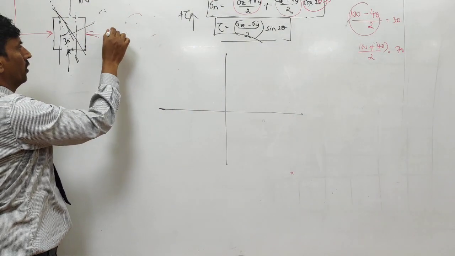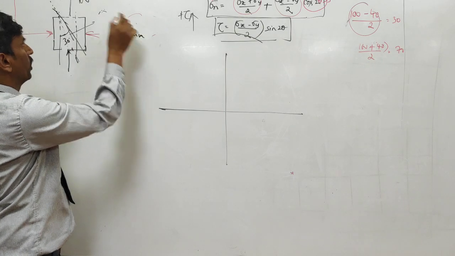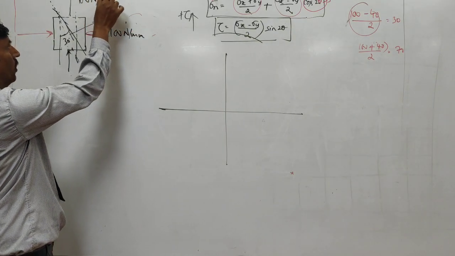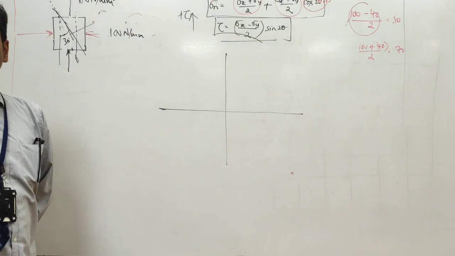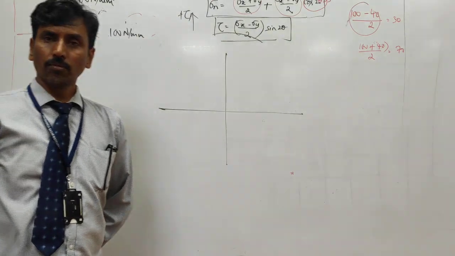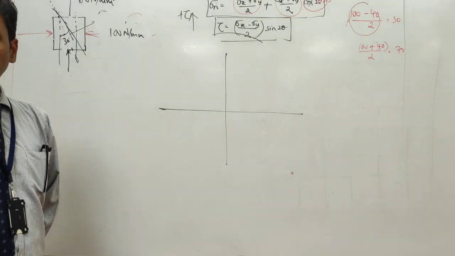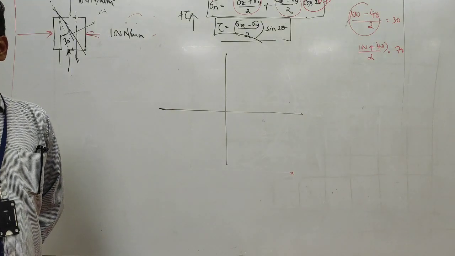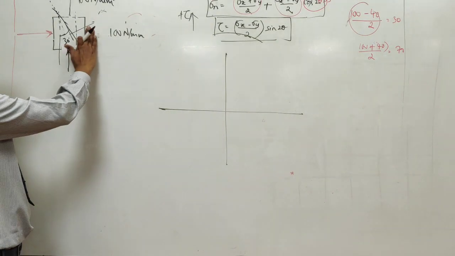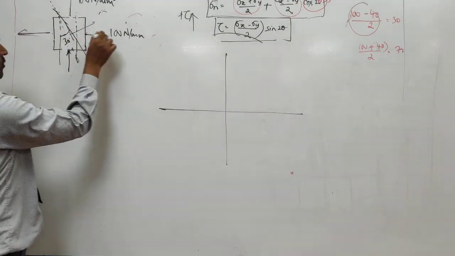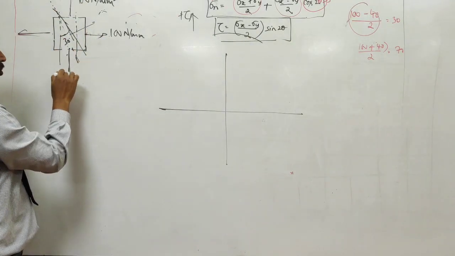I'll take it as 100. 100 Newton per m square, 100 Newton per m square. Both are like this. Then what would happen? Then how do you draw this diagram? Both are 100. Both are tensile.